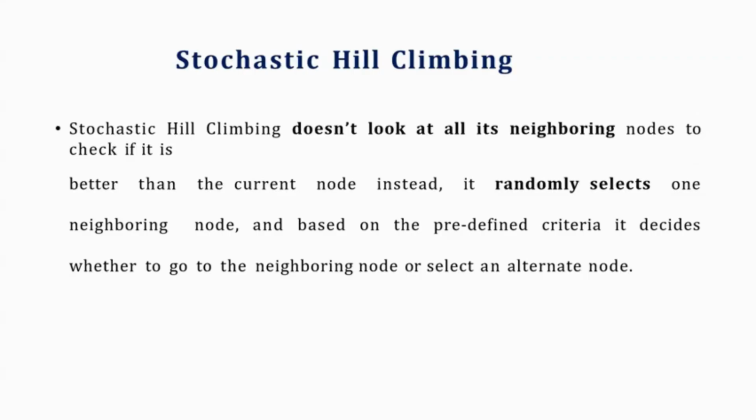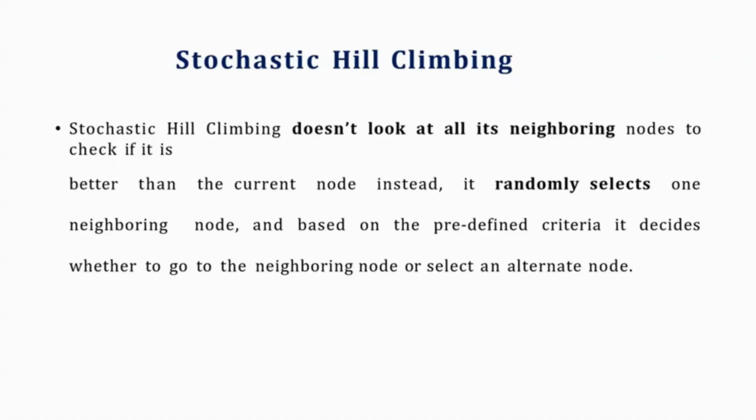So now we come to stochastic hill climbing. This is the version that does not look at all its neighboring nodes to check if it is better than the current node. Instead, it randomly selects one neighboring node, and based on predefined criteria, it decides whether to go to that neighbor node or select an alternate node.